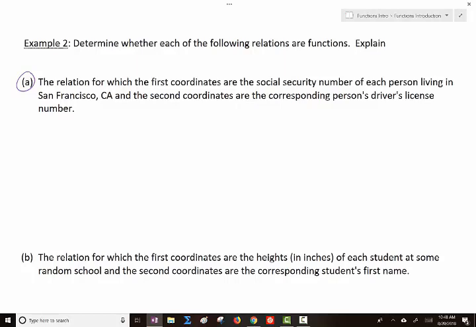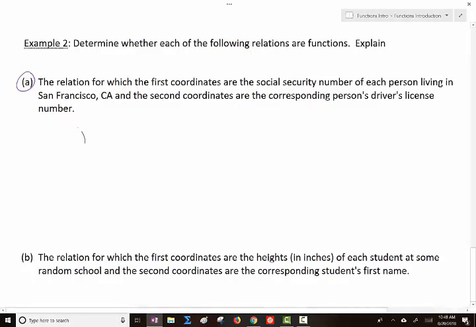Let's just assume there's no funny business going on here, no fraud or shady stuff, and it's the situation you would expect, and that is, for every social security number, which is unique to each individual, assuming a person can drive, each of those persons also has a unique driver's license.